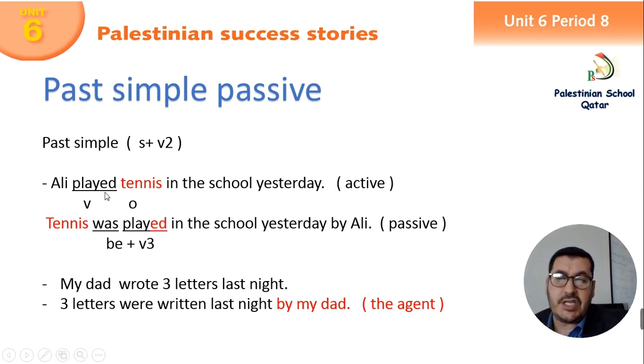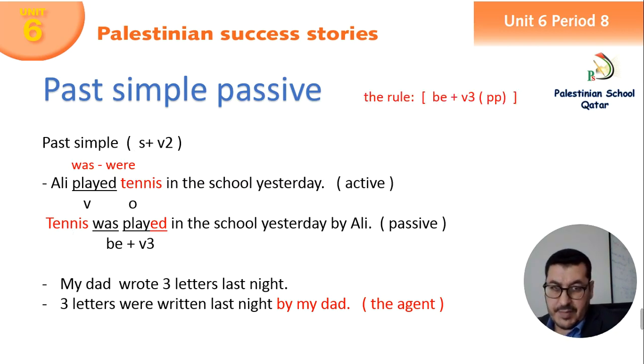Now when we change the sentence to passive voice, we underline the verb, and we put the object, which comes after the verb, at the beginning: tennis. Here we take be and verb 3. Verb be is was and were.